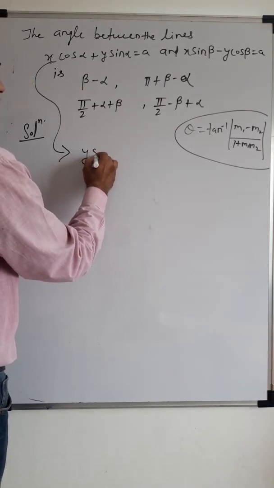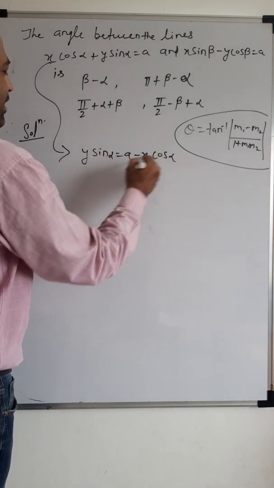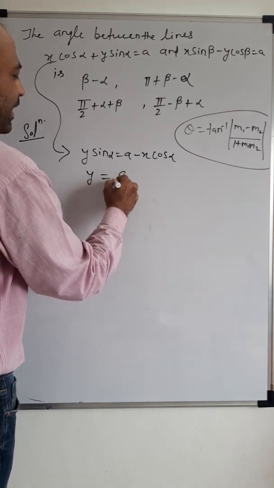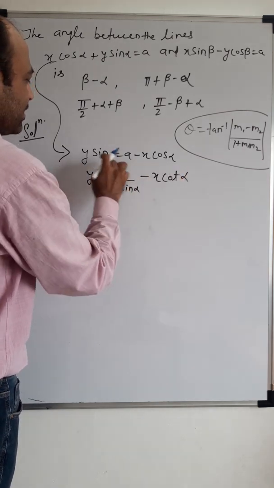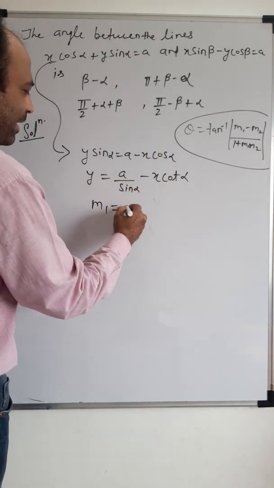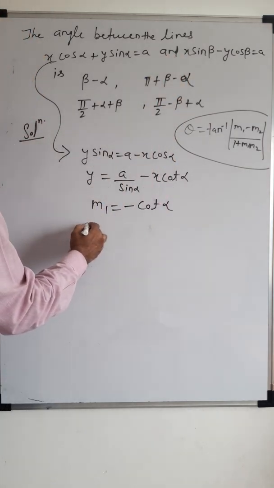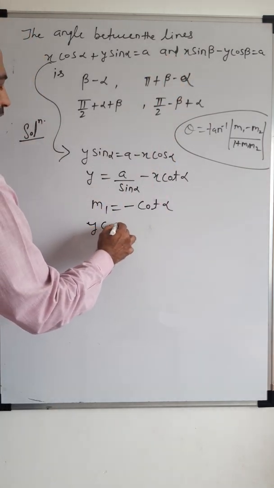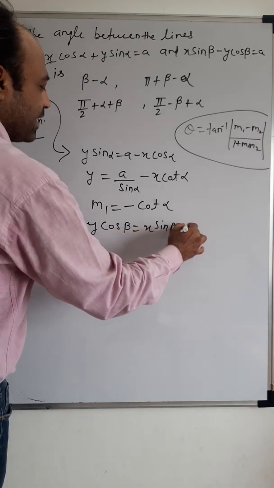So y sin alpha equals a minus x cos alpha, and therefore y equals a by sin alpha minus x cos alpha by sin alpha, so it becomes cot alpha. So m1 came as minus cot alpha. Similarly, from the second line, we have y cos beta equals x sin beta minus a.